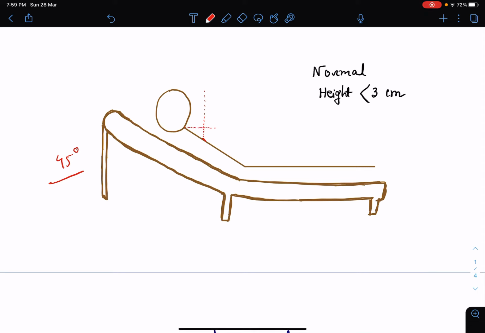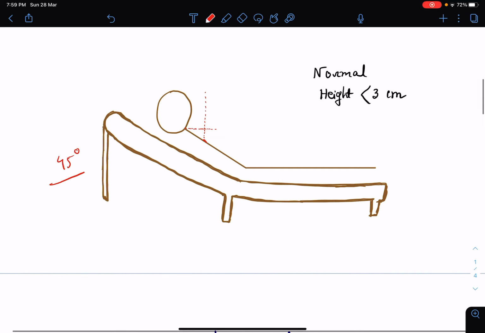Actually we can keep two rulers: one ruler vertical from the sternal angle, and one ruler from the height of the jugular venous pulse, and this height will be the height of JVP. The normal height of JVP is less than 3 cm. Anything more than 3 cm will be abnormal or raised JVP.